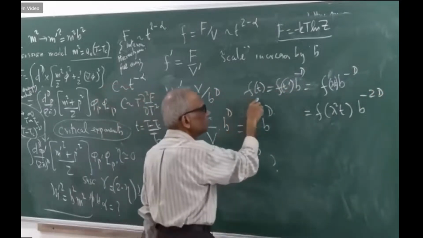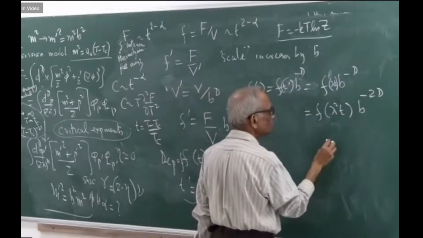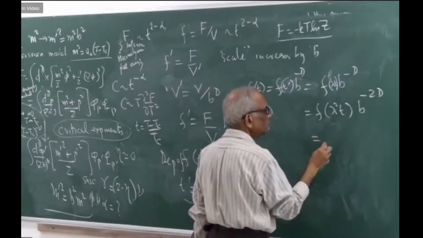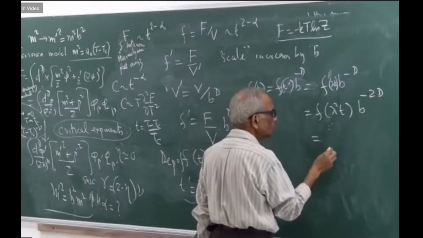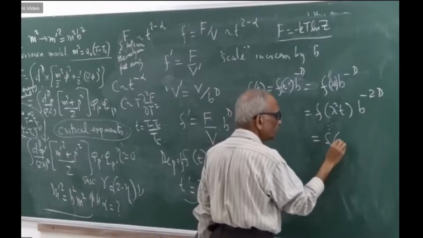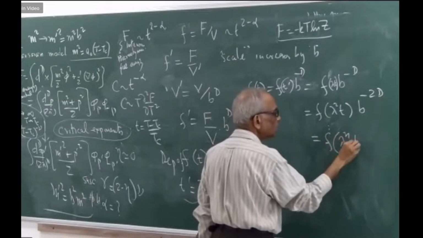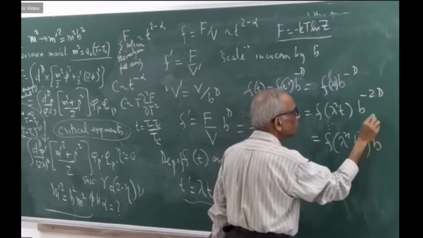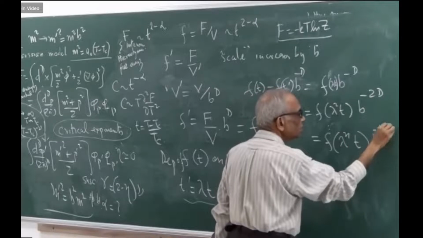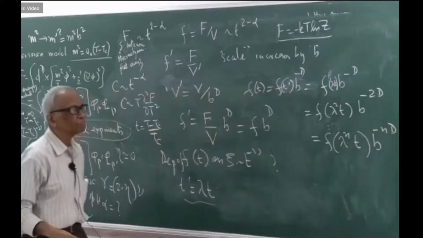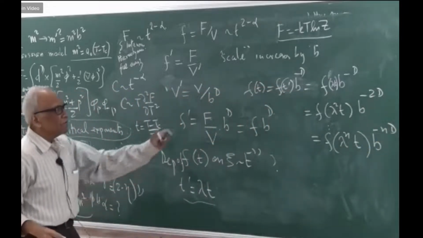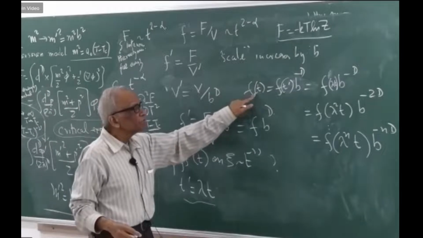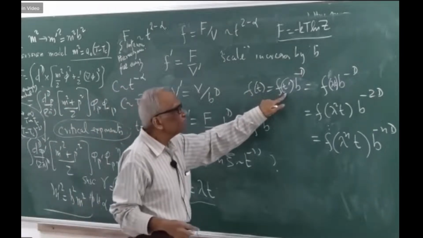So f of T goes as this over here, and then you go n steps, f of lambda to the power n T, which is b to the power minus n times d. So f of T is what you started with. Next step, you have f of T prime.